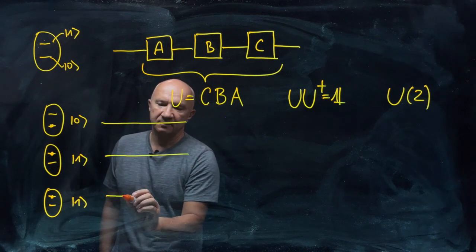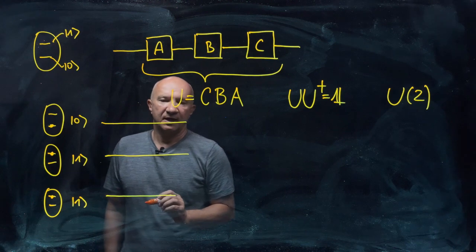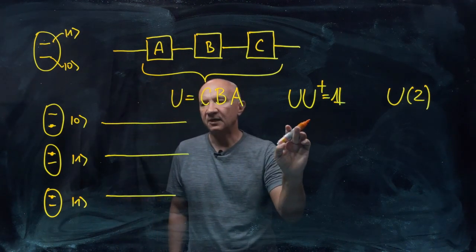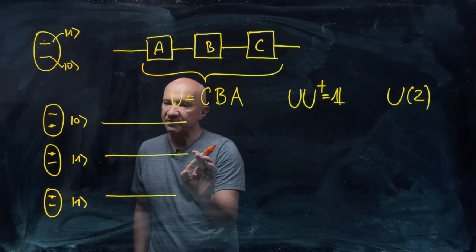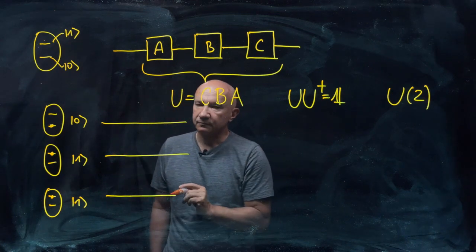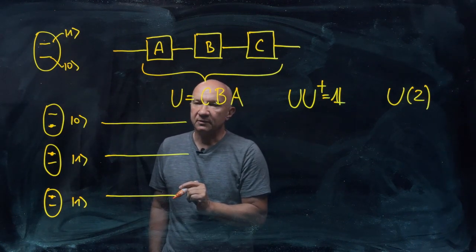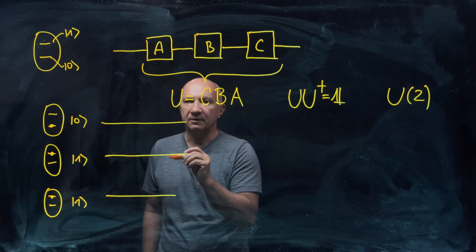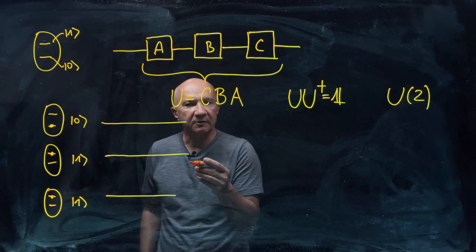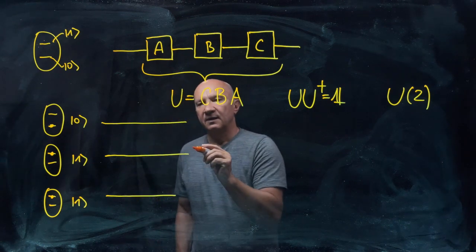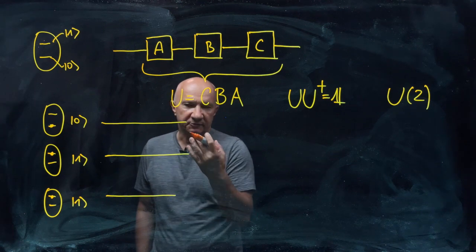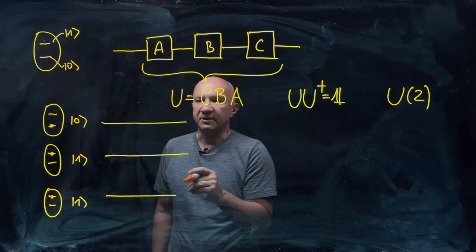And again, a network will be illustrated by a diagram where each horizontal line will represent a quantum bit, a qubit. When I want to specify any interaction, either on an individual qubit or on a pair of qubits, I will just write a box which will represent a quantum logic gate.